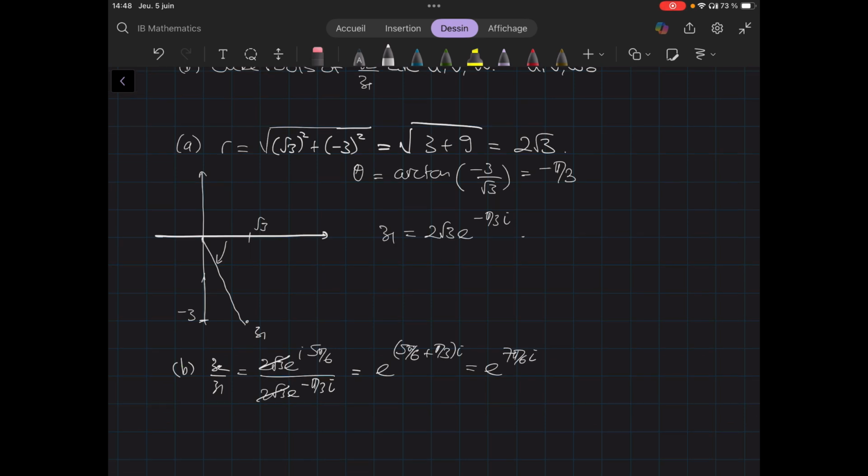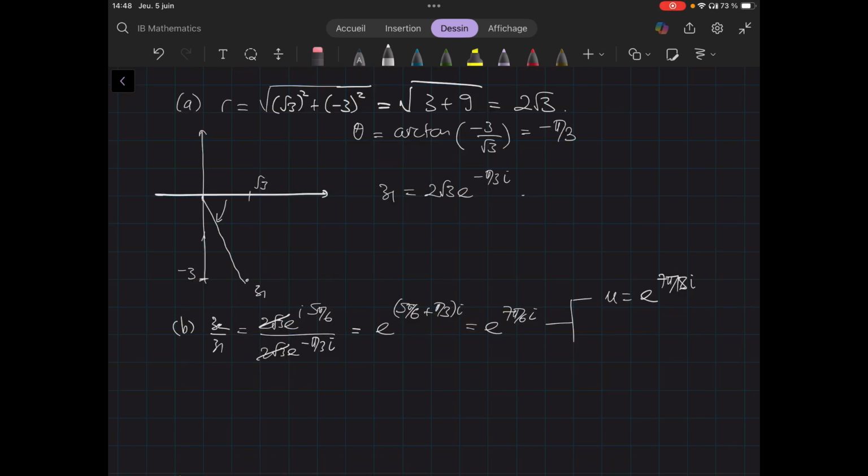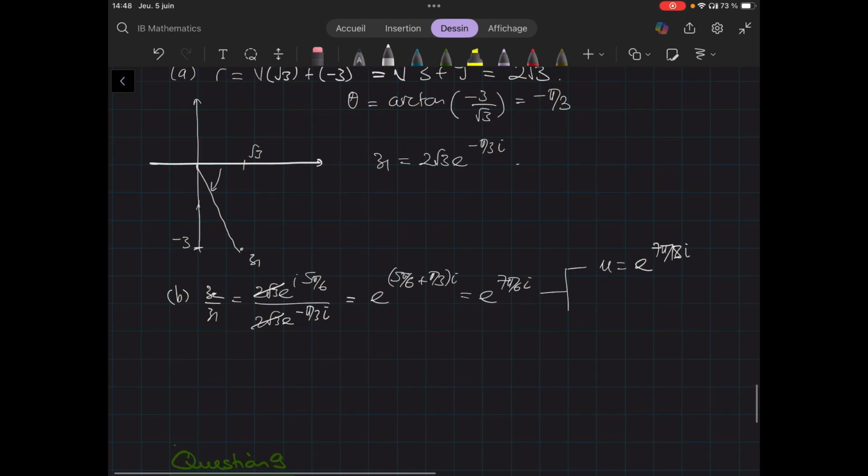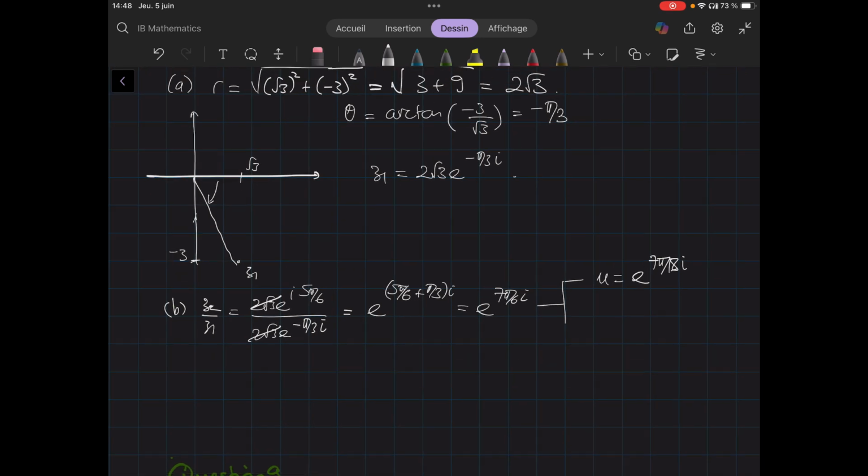And the cube roots are therefore, the first root, doesn't matter which one, the first root is e to the 7 pi divided by 18 i. The roots of this equation are equally spaced out.